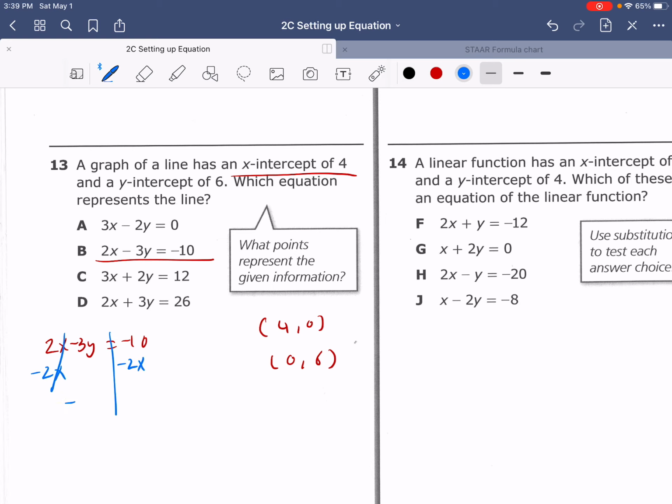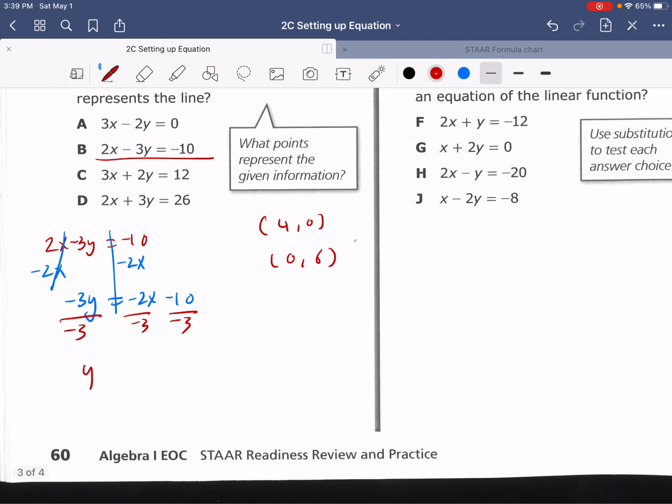you have to know how to do that. Divide by negative 3. So you get y equals positive 2 over 3x plus 10 over 3. And then see if it has one.